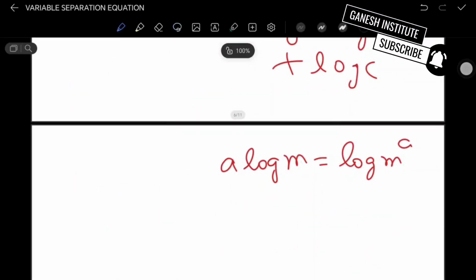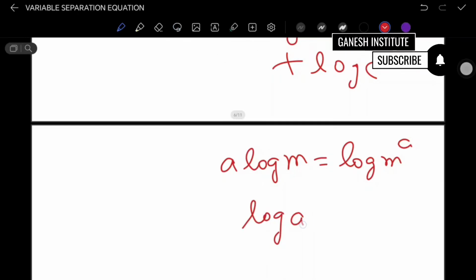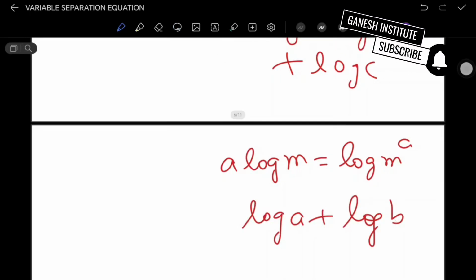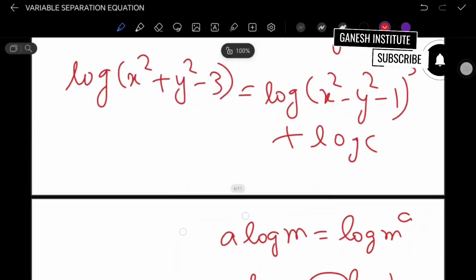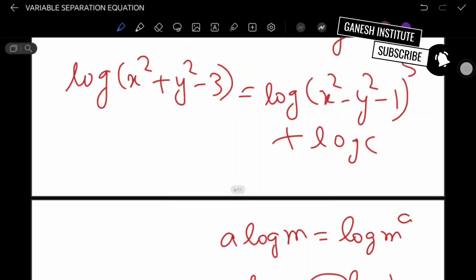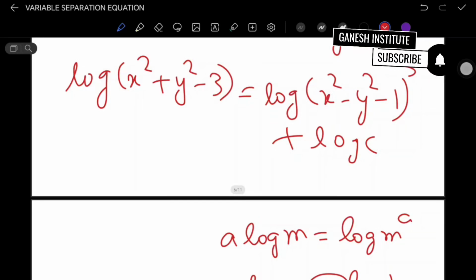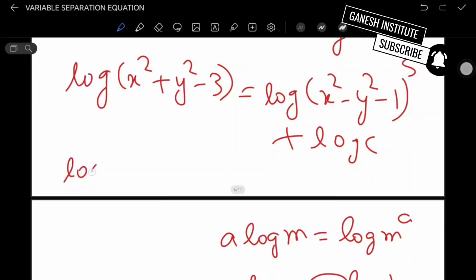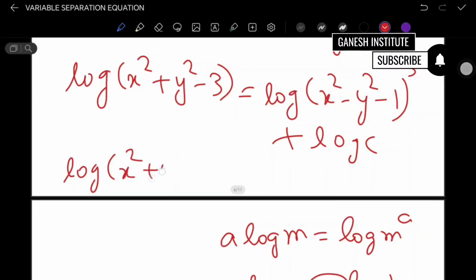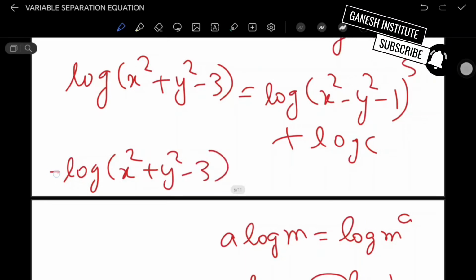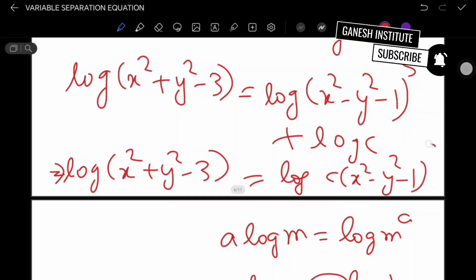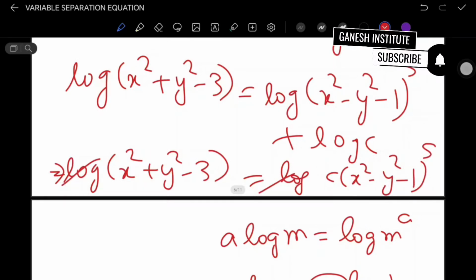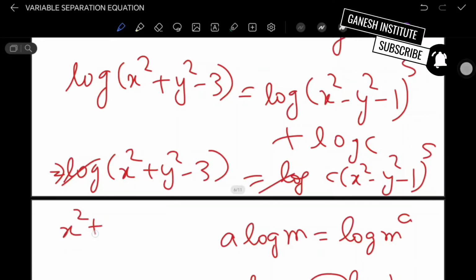Now another property of log. Log a plus log b is what? Log ab. So in addition they get multiplied. So you can firstly multiply and then cancel the log by taking anti-logs. Anyways, so this is log x square plus y square minus 3, and here log c into x square minus y square minus 1 raised to power 5. Now logs are cancelled and this is our answer.